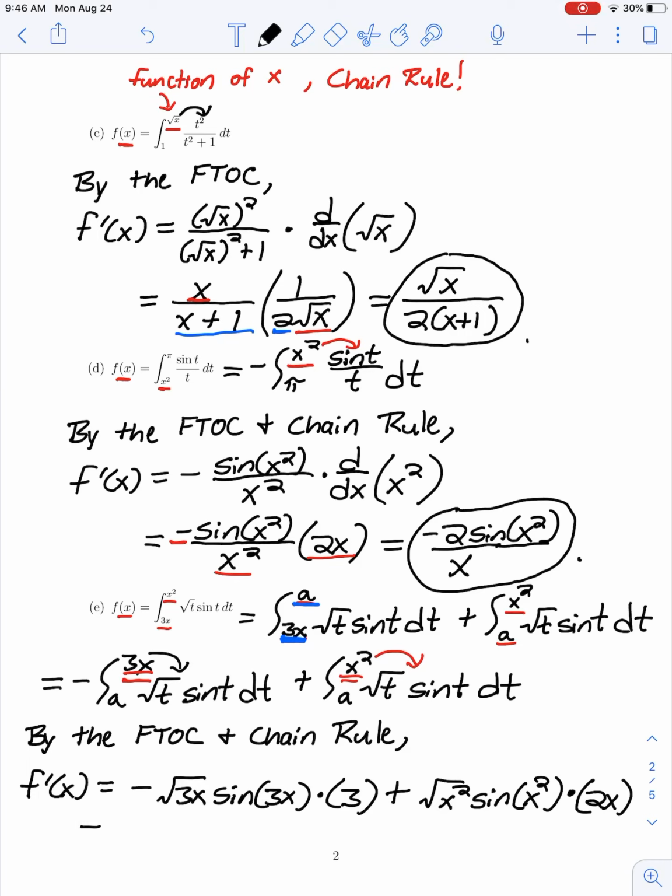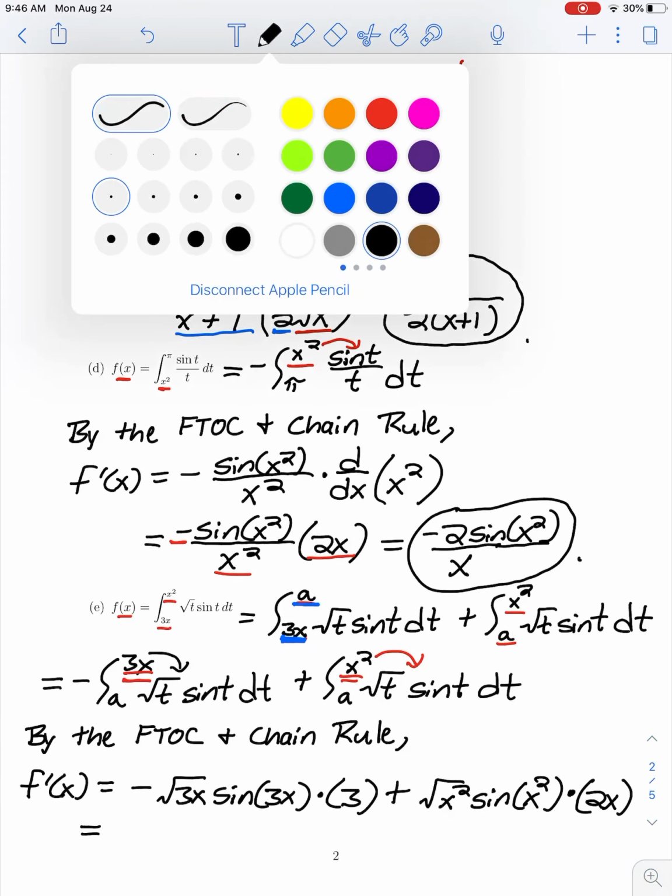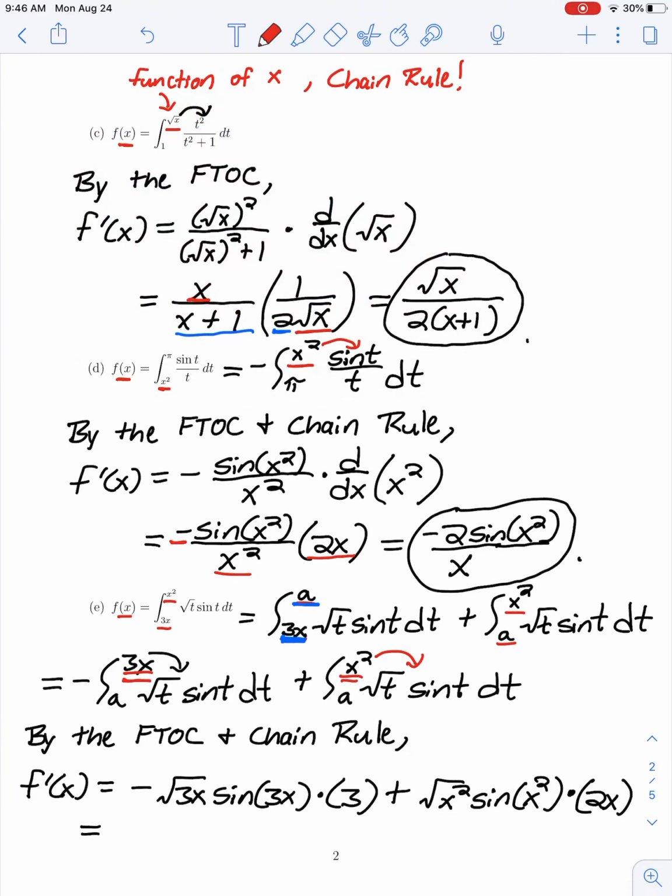So let's simplify a little bit here. For my first term, I have a negative square root of 3x, and then I'm multiplying by 3, so I might prefer just to bring that constant 3 out in front, and then we've got the square root of 3x, and then we're still multiplying by sine of 3x.